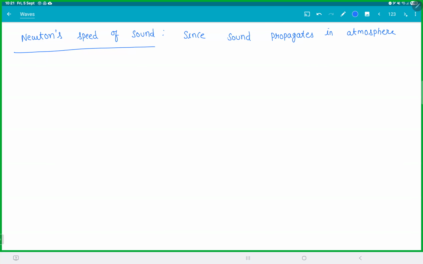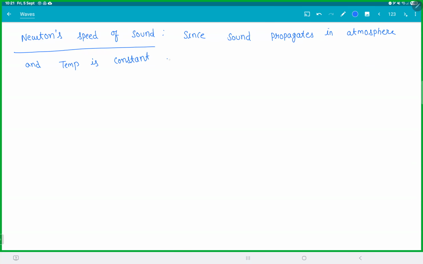Anyway, this guy started thinking: since sound propagates in the atmosphere, and in the atmosphere temperature is constant. Remember when I said that when sound propagates, there is a compression and rarefaction, so the gas is compressing and expanding. That means pressure, volume, and temperature are changing. But he made what looks like a decent assumption.